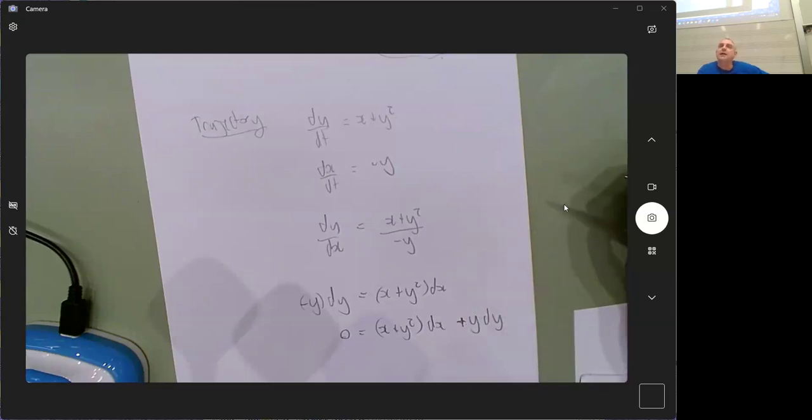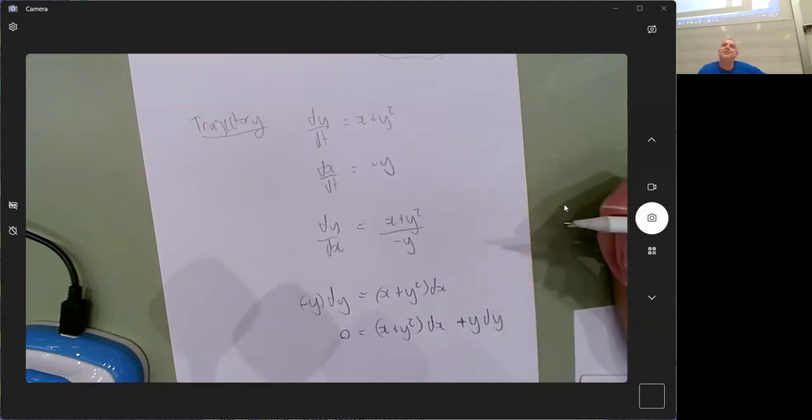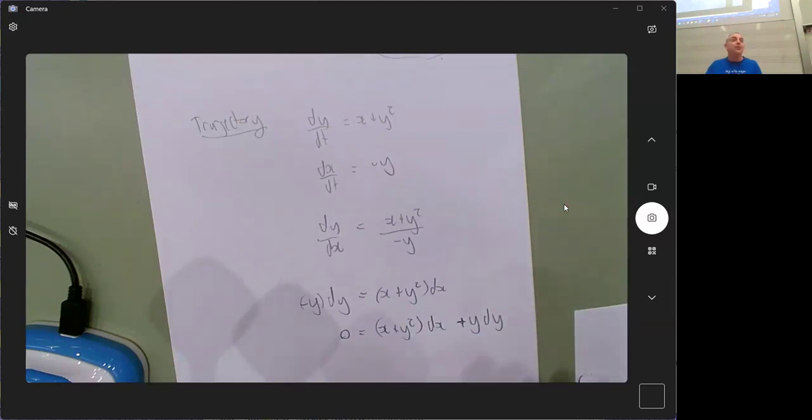And if you were super lucky, this would be an exact DE and you'd be able to solve it. No, it is. That's cool. We are lucky today, but that's a whole separate topic.